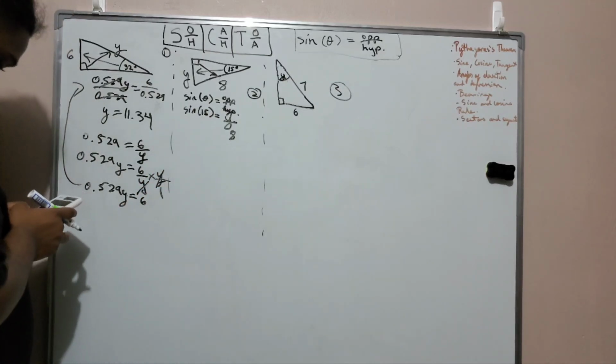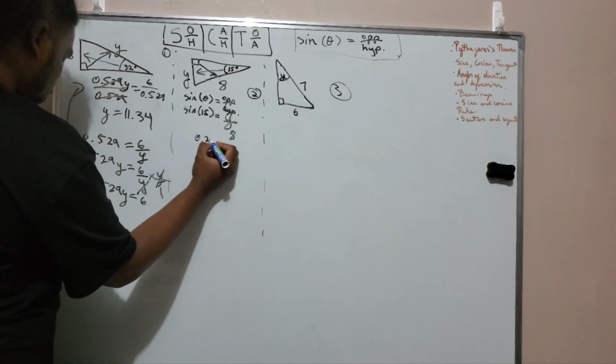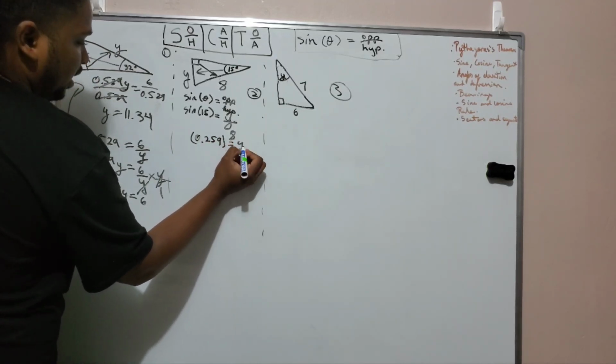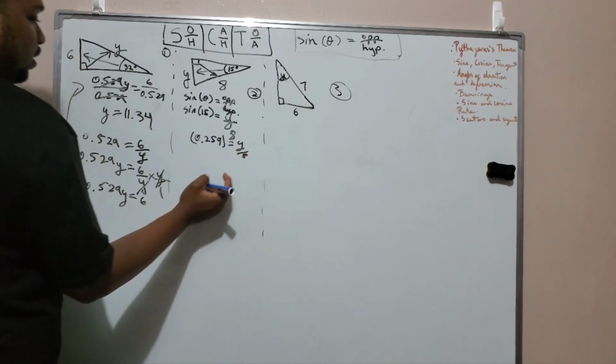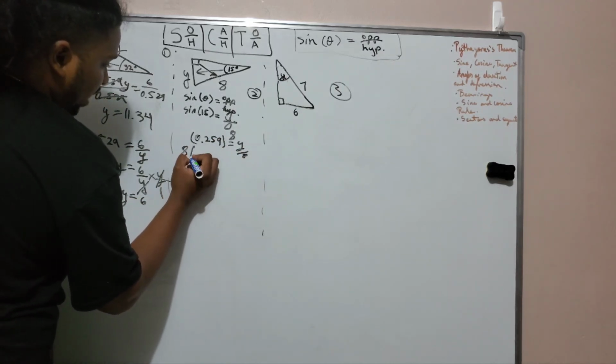So sine of 15 is 0.259, which is equal to y over 8. To get y alone, multiply both sides of the equation by 8.